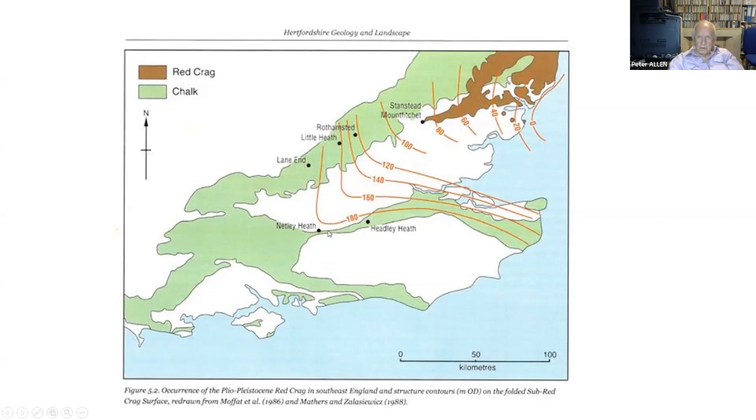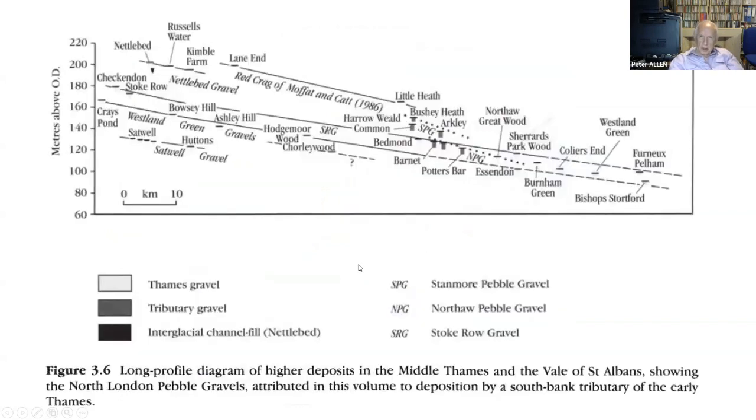We can also move to Nettlebed Heath, where again fossils were found, and Headley Heath sandy deposits. If you go along with the assumption that all these points are part of the Red Crag, you can then work out contours, as it were, as the Red Crag falls away towards the coast. You saw the incline down towards the coast before, so these are contour lines illustrating that.